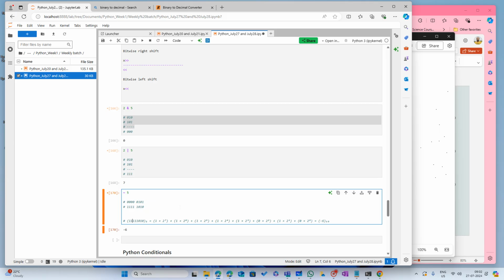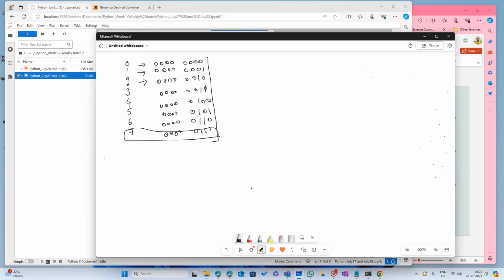In assembly language, this is a very important point to remember. Again, not required for Python, but it's a good point. Any number that starts with 0 is taken as a positive number in assembly language. Any number whose starting value is 1 is taken as a negative number.